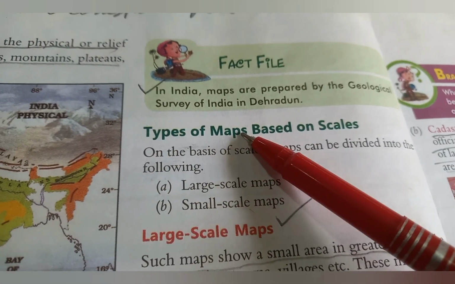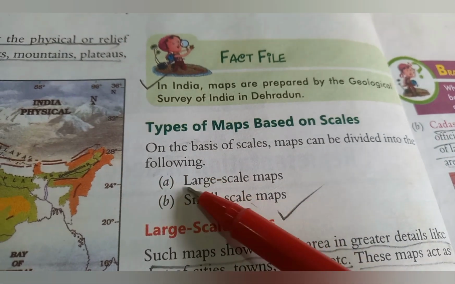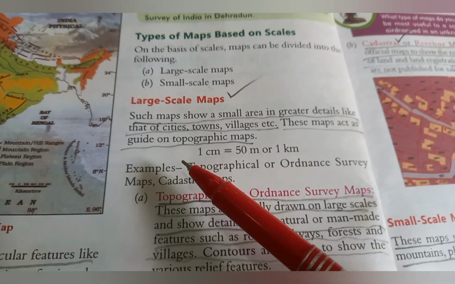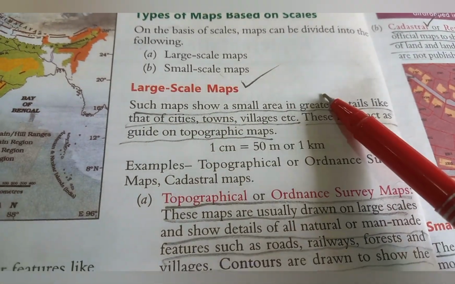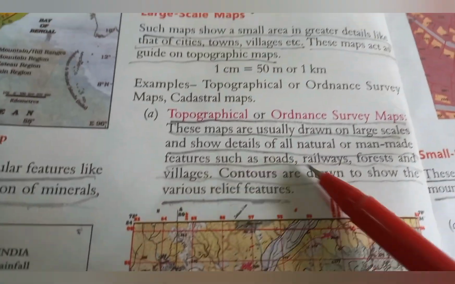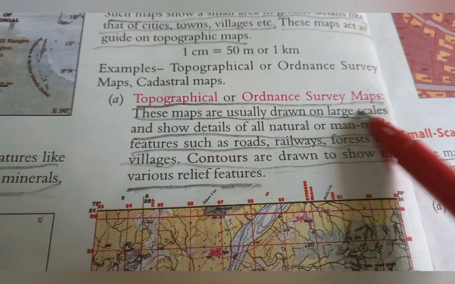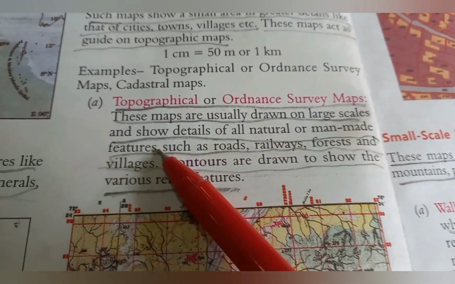And the types of maps based on scales. There are two types of maps: large scale maps and small scale maps. The large scale maps are the maps of cities, towns, villages, etc. These maps are usually drawn on a large scale and show details of all natural and man-made features.